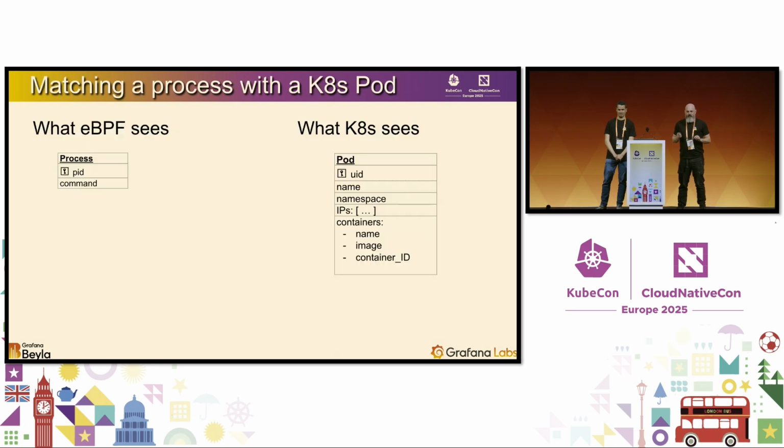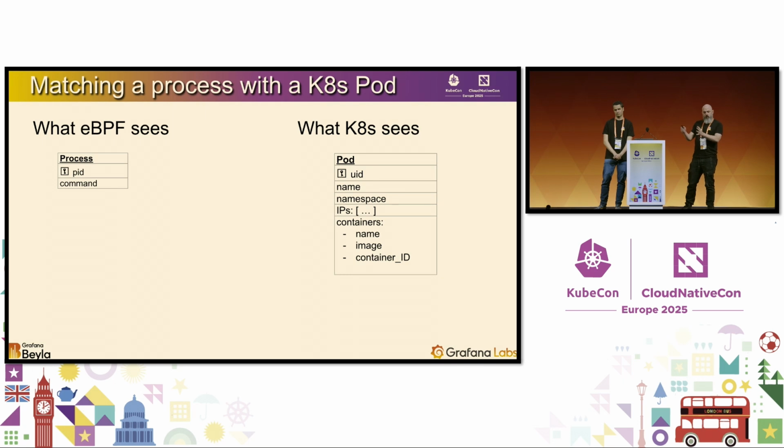So how do we match all of this process information with Kubernetes information? What eBPF sees when Beyla instruments an application is very basic. It's just the PID and the command, as we've seen before.